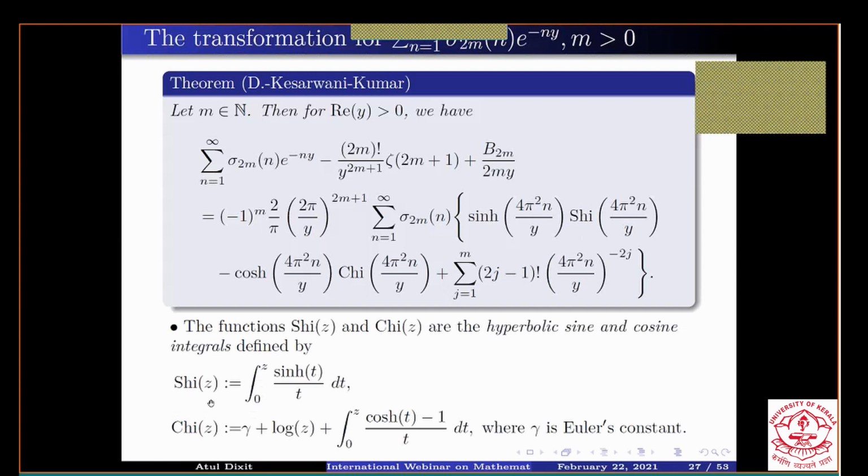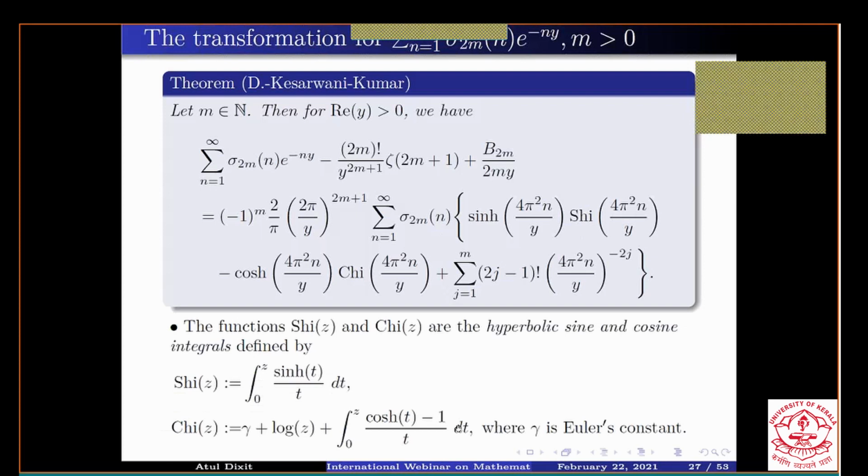They also appear in NIST, the National Bureau of Standards, the one that is there in the US. So this hyperbolic sine integral is defined as integral from 0 to z of sine hyperbolic t upon t dt, and this cosine hyperbolic integral is defined as gamma, again Euler's constant, plus log z plus integral 0 to z of cosine hyperbolic t minus 1 upon t dt.